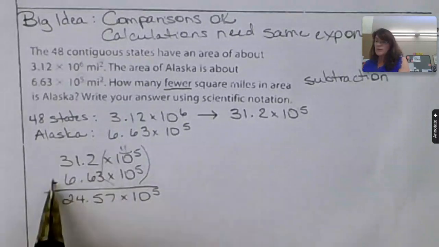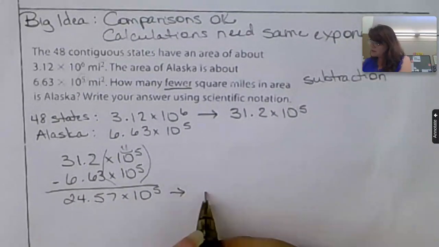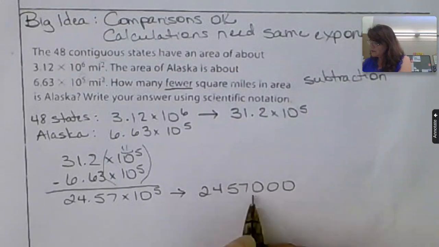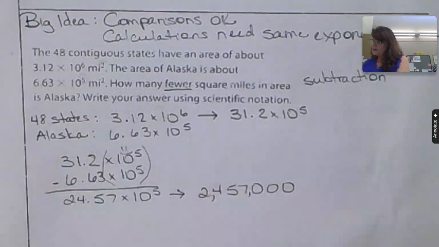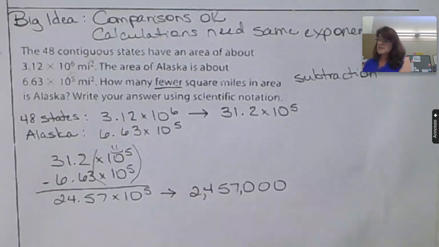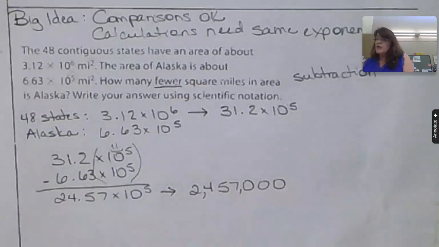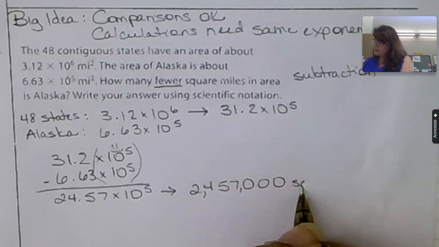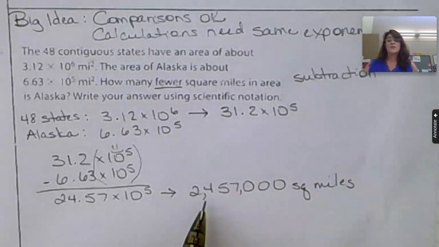We're only dealing with the leading numbers, which is 24.57. Alaska is 2,450,000 fewer square miles than the entire United States all put together.